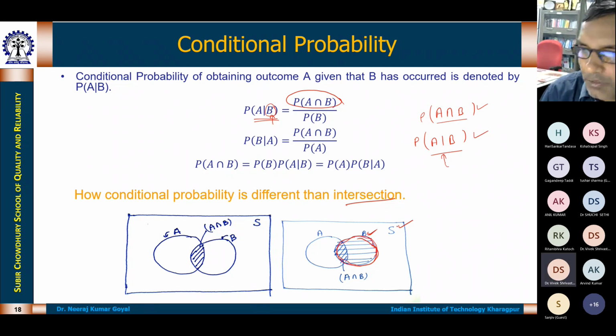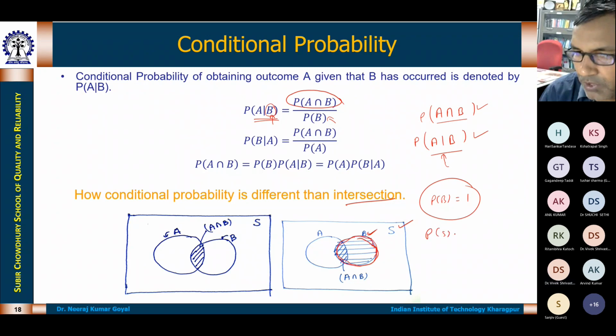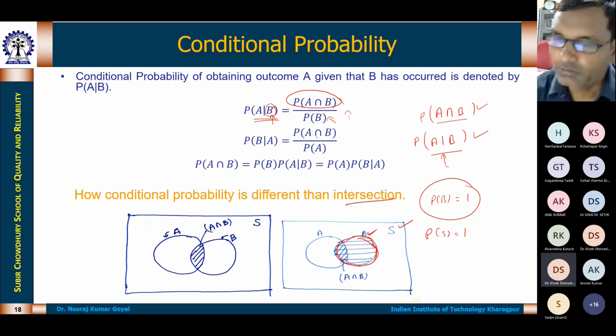Whatever probability I want to calculate, I have to divide by probability of B, because probability of B has become 1. Earlier probability of sample space was 1, but by putting that B is true, probability of B has become 1. So that the reference becomes only the B space. Is it understood?